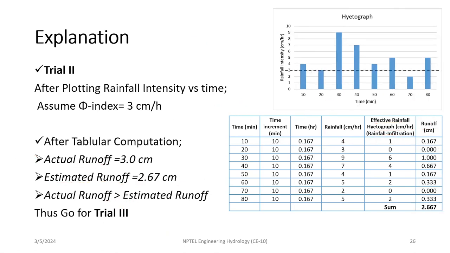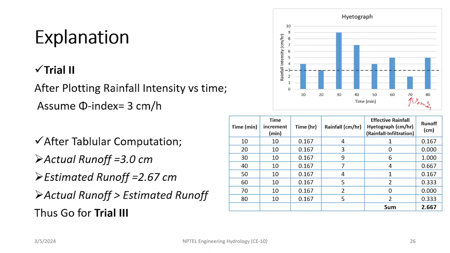Okay, good. Now again we will take a higher value than in the previous case. In the previous case, we considered the rainfall intensity at 70 minutes, but now we go for the next higher value.